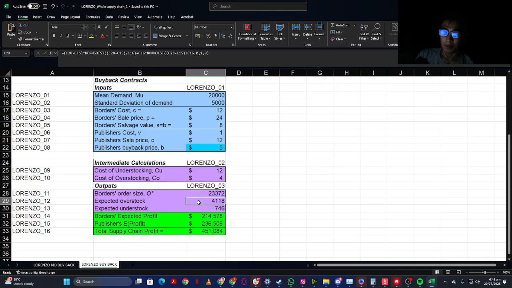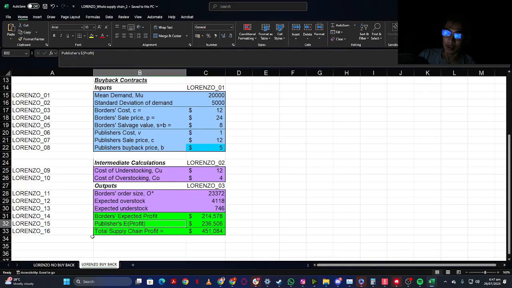So what is our expected overstock and understock? If we put it into the normal distribution, we get an expected overstock of 4,118 books, and for the understock, it's just 746 books. Now, step 3, the updated profit. The bookstore's expected profit is 214,578.